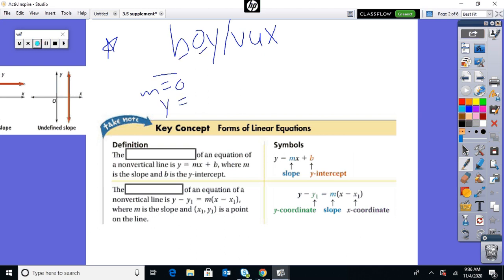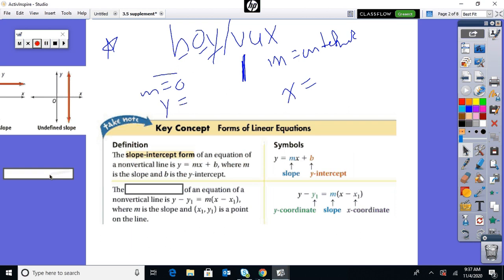So horizontal, slope 0, y equals, whereas vertical lines have an undefined slope and the equation for the line is x equals, which we'll see a little bit later. So it's there for you as a mnemonic device to help you remember what goes with what in the world of slopes.